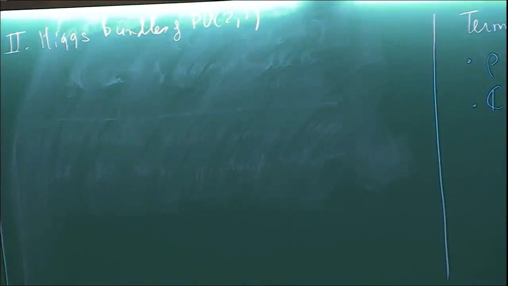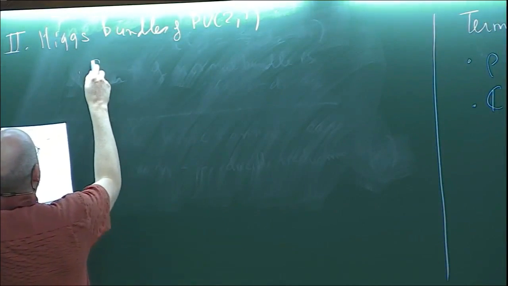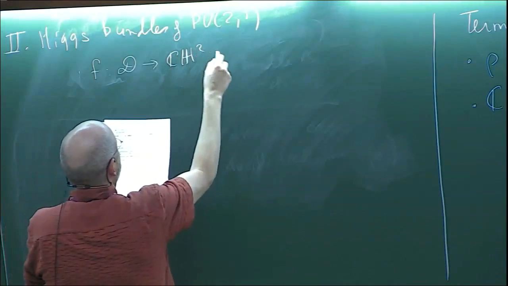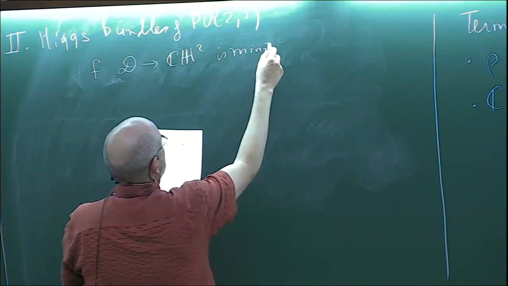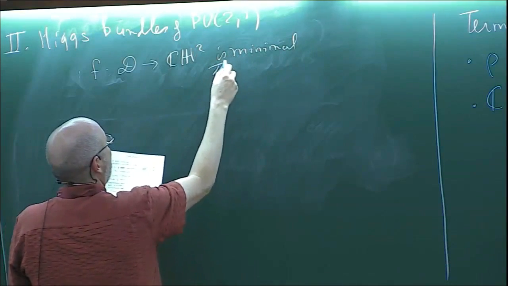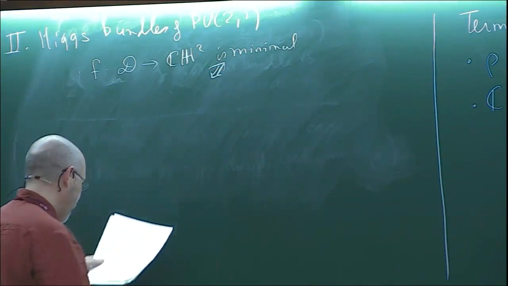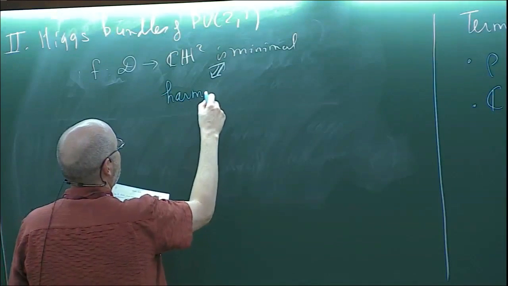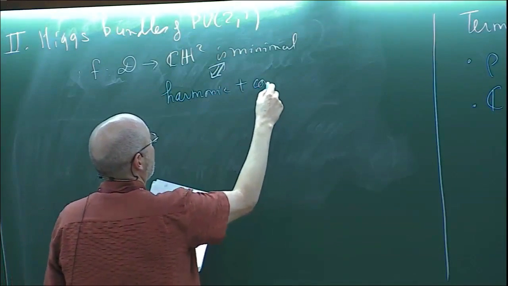So Higgs bundles, we'll get to the point of PU(2,1), okay? The first thing we're going to start out with is that this map, F, is minimal. For a map of a surface, this is equivalent to being harmonic and also conformal.